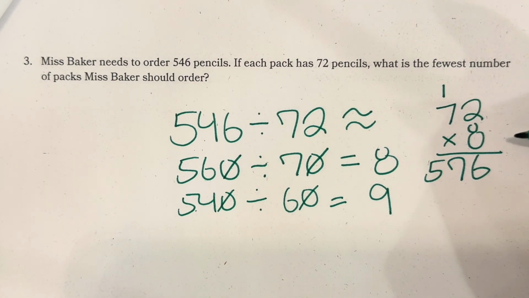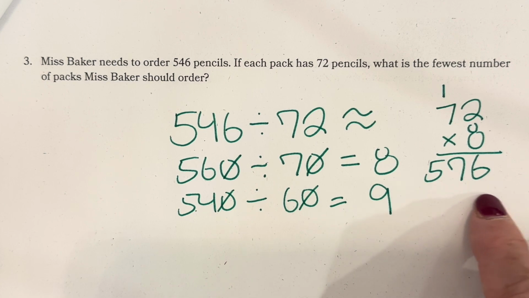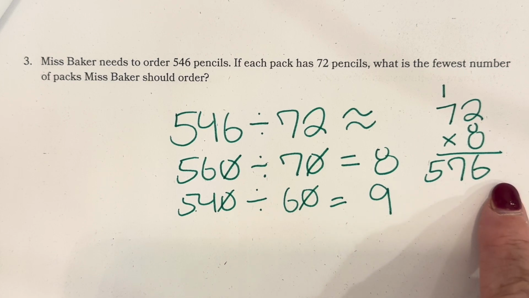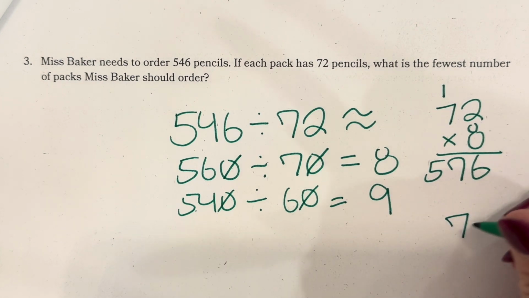So if she orders 8 packs of 72 pencils each, she's going to end up with 576 pencils, which is too many. She'll end up with too many pencils. So let's try a smaller number.